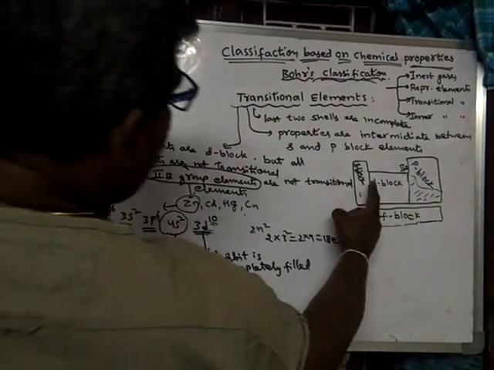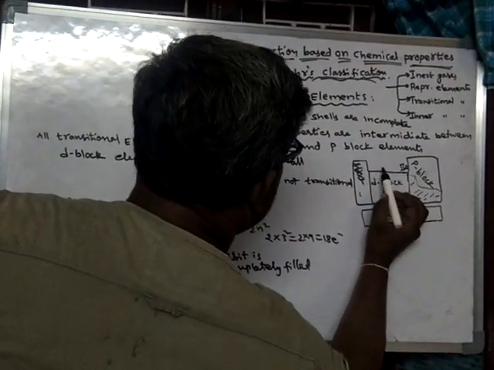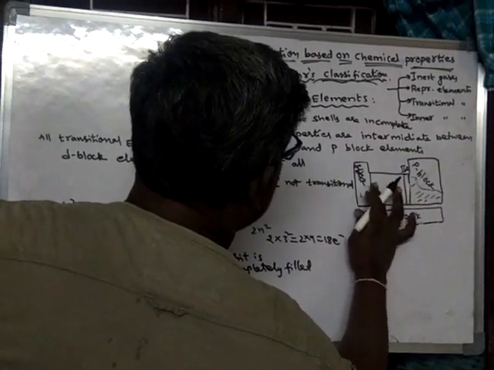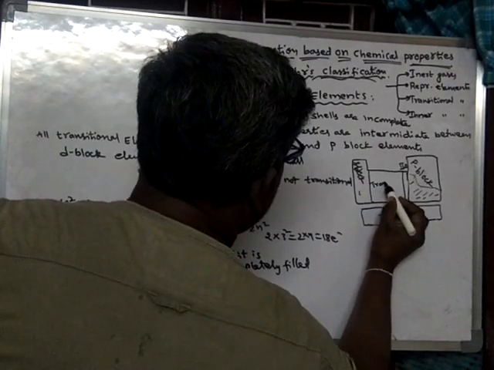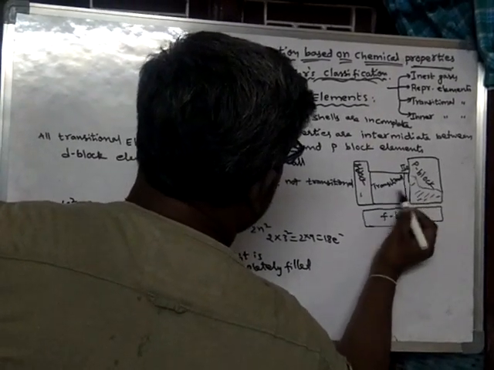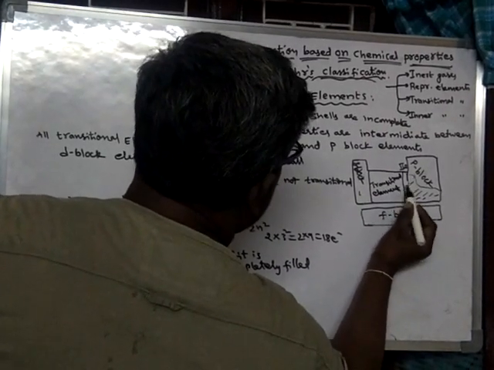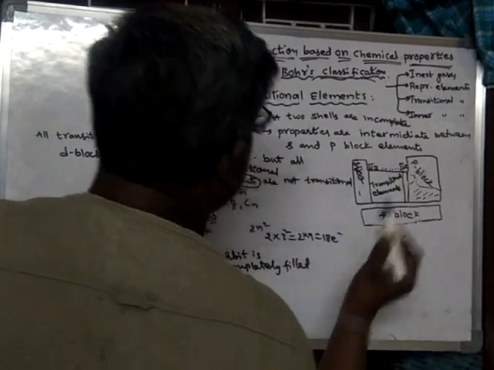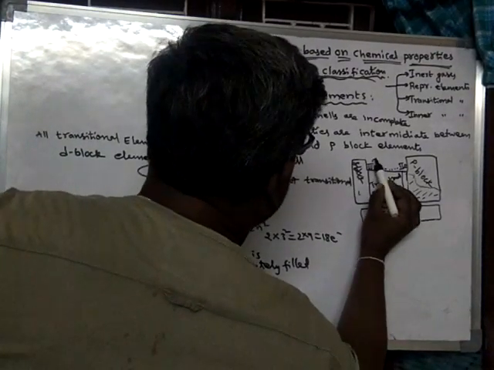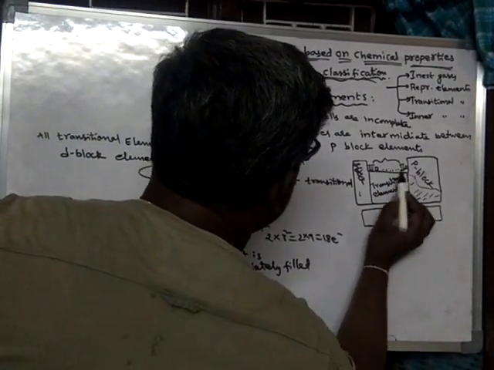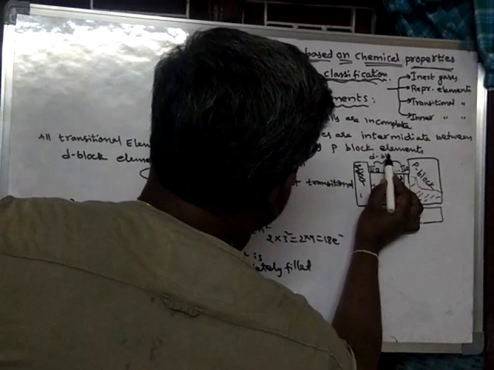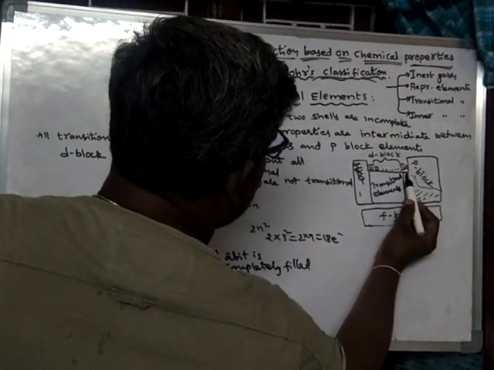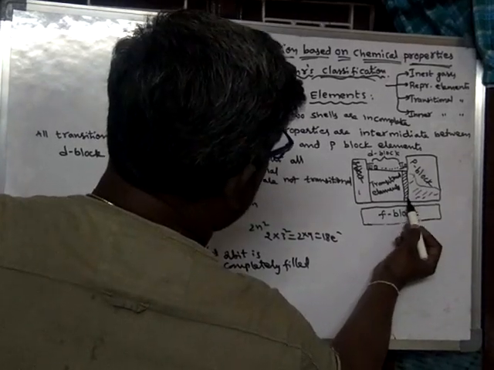See here, all these are called transitional elements, from third B onwards up to second B. So all together they are called D block elements, even including second B. That means transitional elements do not include second B from the D block.